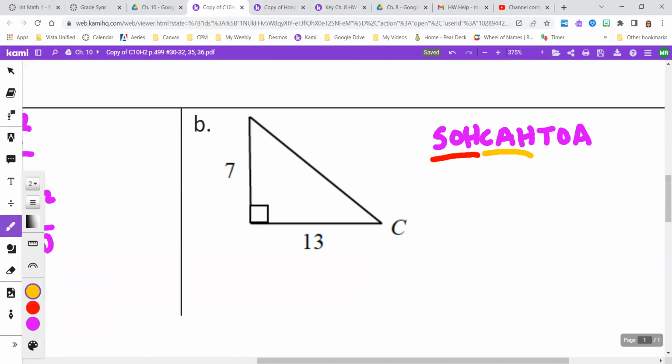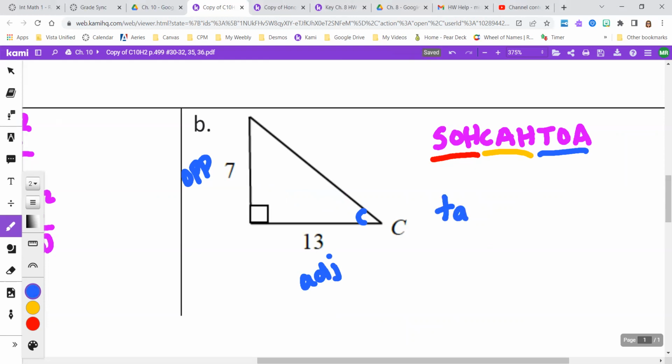Cosine is adjacent over hypotenuse. And tangent is opposite over adjacent. So if I'm here at this angle, this 7 is going to be opposite, and the 13 is going to be adjacent. So I'm going to be using tangent.